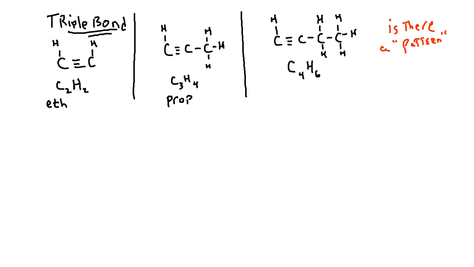Okay, when there's a triple bond, the ending, as we'll see, is going to be YNE. Okay, these are the so-called alkynes.